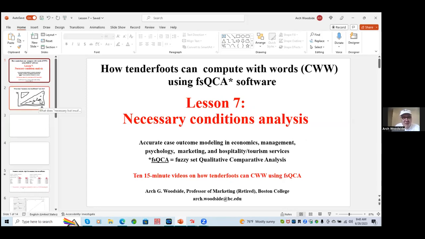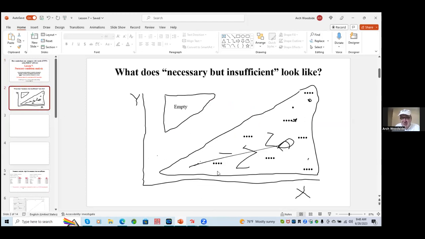When we talk about necessary conditions, we're talking about whether the XY plot of cases on the antecedent condition, and remember, typically this is a single antecedent condition. It could be, for example, price, and Y would be not purchase, the negation of purchase.